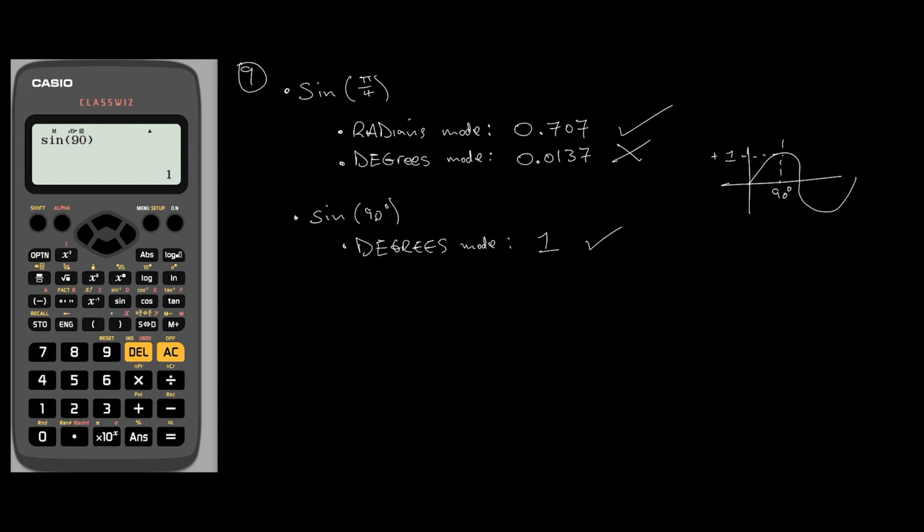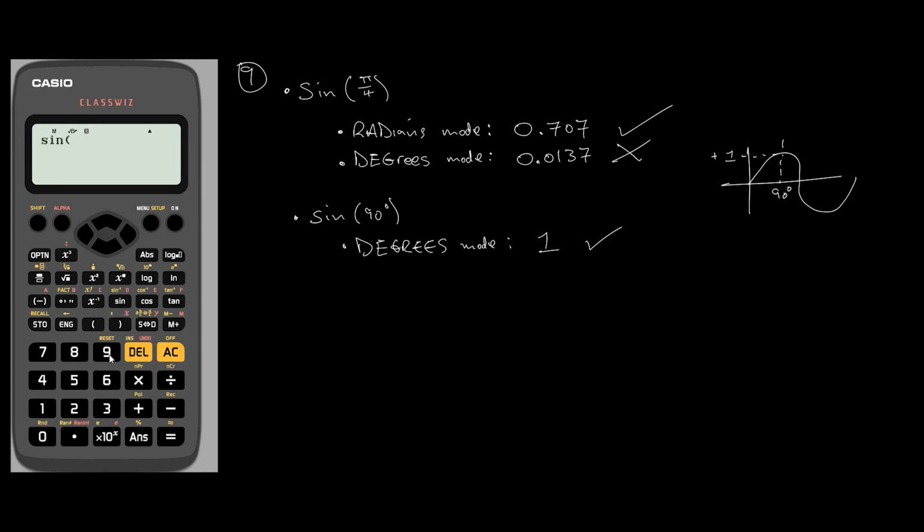If, however, we forgot or we had our calculator in radians mode, so we can clear that, we can go for shift, set up angle, which is 2. Going to put it into radians mode, which is 2 again. Clear. And then I'm going to type in the sine of 90. The calculator will now think you want to do the sine of 90 radians, which you do not want to do.